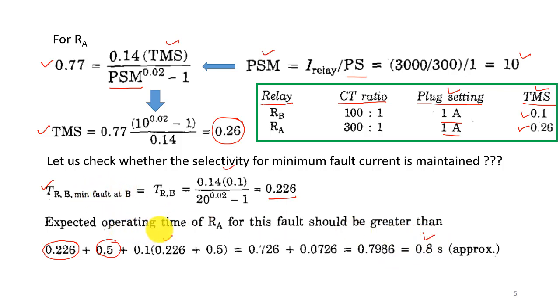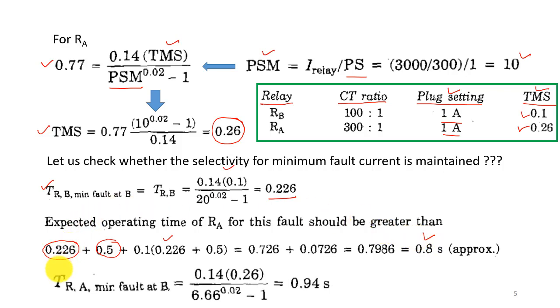So the expected operating time of relay RA for this minimum fault current at bus B should be greater than 0.8 second. Let us check it. If it is greater than 0.8 second, then our setting is fine and we'll go with this setting.